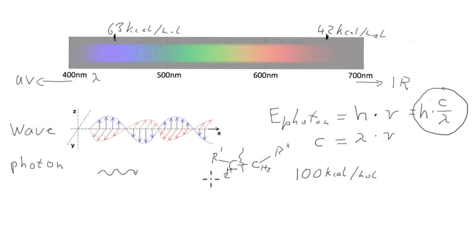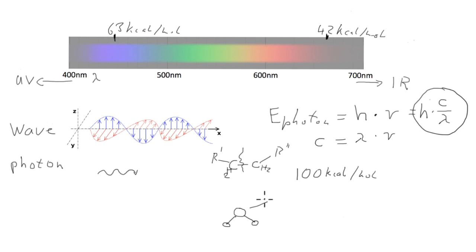Another energy that is useful to think about is thermal energy. If we have a water molecule with one oxygen and two hydrogen atoms, thermal energy means that this molecule is constantly jiggling, vibrating, moving about.